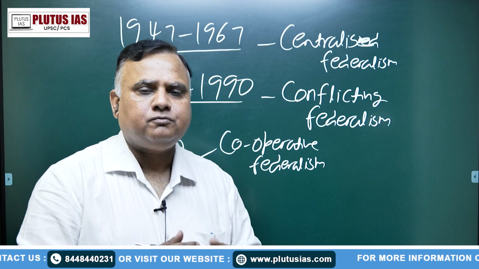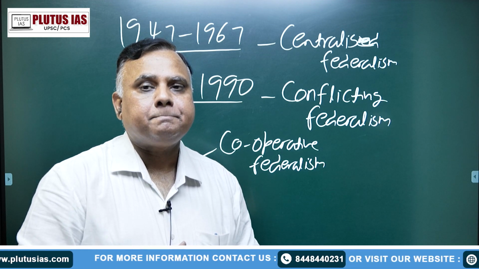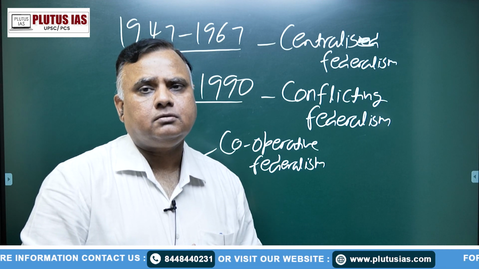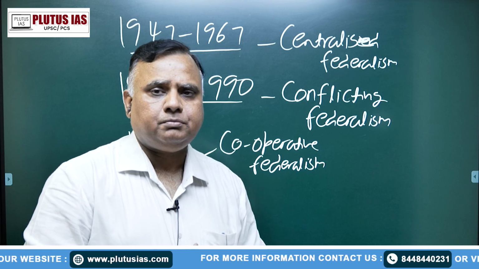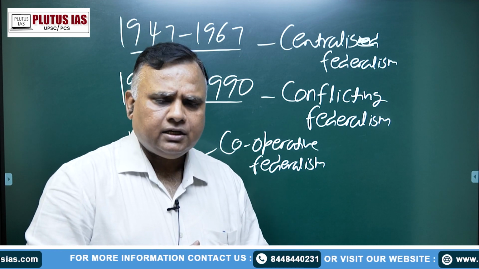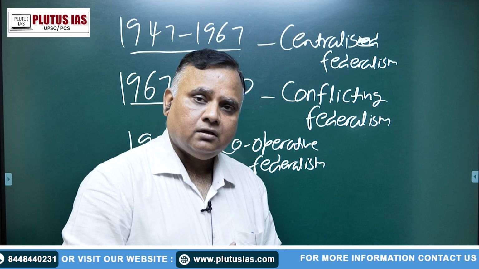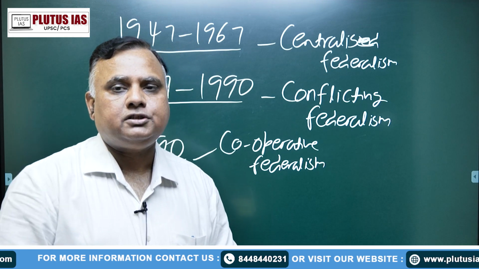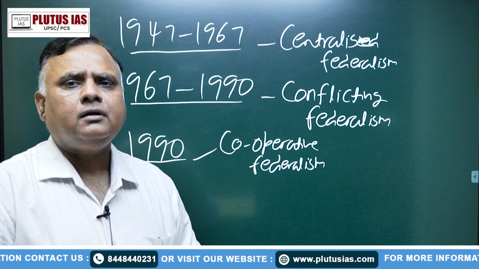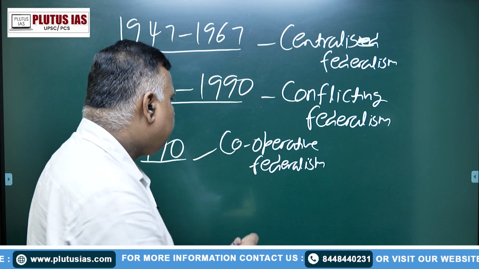And there are so many forums for interaction between center and states, be it the Interstate Council, the Zonal Council, the National Integration Council, the Planning Commission, or the Niti Aayog. Niti Aayog is for both cooperative federalism and good governance, with a wing Team India, which includes not only the Prime Minister but all Chief Ministers as well. Moreover, the GST Council also reflects fiscal federalism.